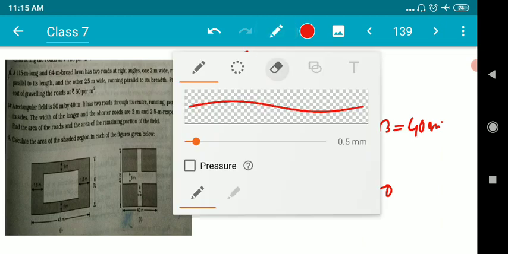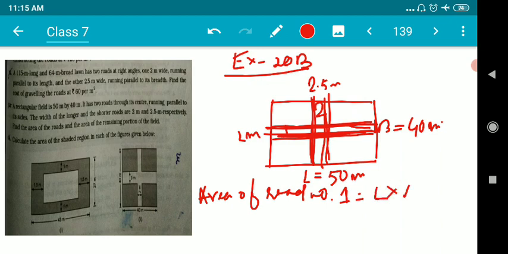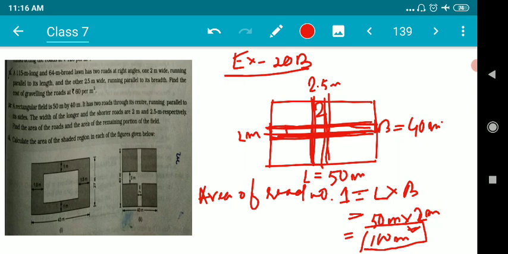The roads are rectangular in shape, so the formula for the area is length into breadth. Length is 50 meter, and the breadth of the road is its width, 2 meter. So 50 into 2 results 100 meters square. This is the area of road number 1.